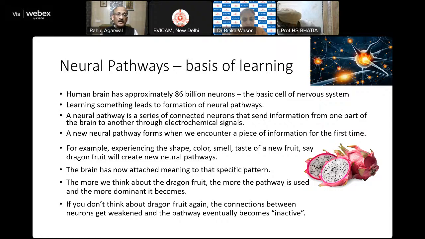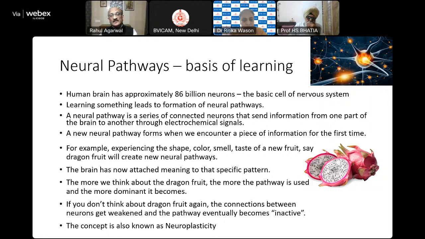But if you don't think about the dragon fruit again, the connections between the neurons will get weakened and the pathway eventually becomes inactive. So this is a concept which is also known as neuroplasticity. So neuroplasticity says that what we have learned, if we keep practicing that, it will be strengthened. But if we stop using what we have learned, then it will get erased, because brain has a very sophisticated system of clearing what connections are being established.